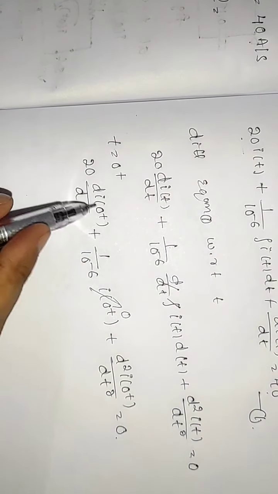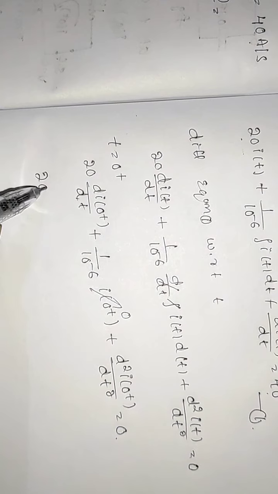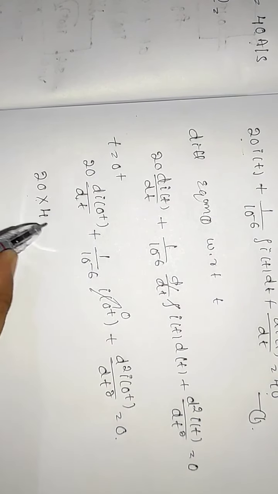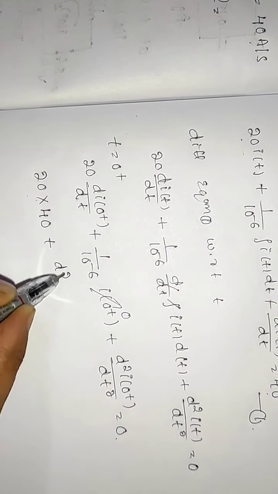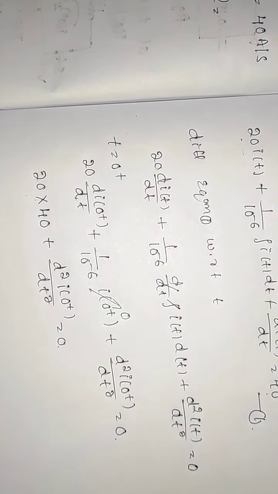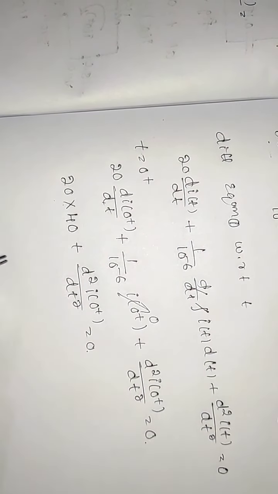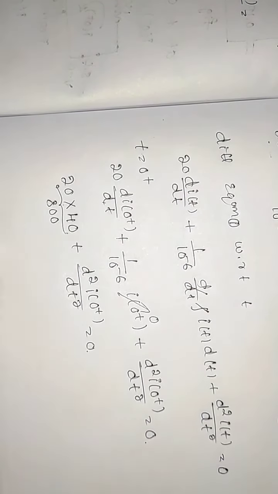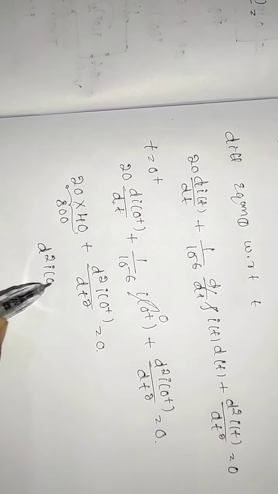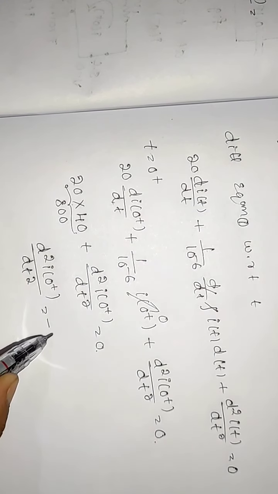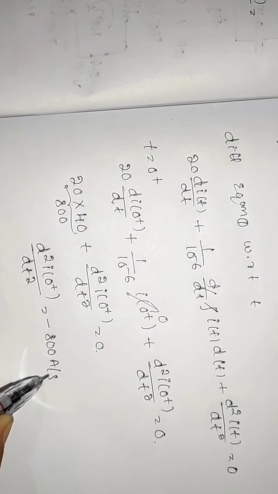Next I have here 20 into d I of 0 plus divided by dt, whose value is 40, plus d square I of 0 plus divided by dt square equals 0. Then finally 20 into 40 equals 800. When it comes to this side, d square I of 0 plus divided by dt square equals minus 800 ampere per second square.